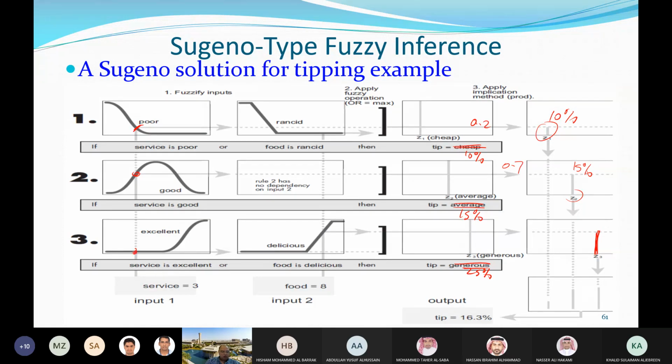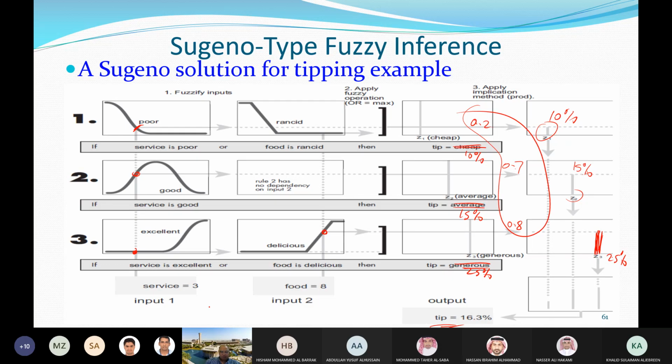So this is 0, and this is 0.8. This 0.8 will be multiplied by 25%. So you can do 0.2 times 10, plus 0.7 times 15, plus 0.8 times 25, over the summation of weights, and then you get the tip that you will pay. So this is the Sugeno fuzzy inference.